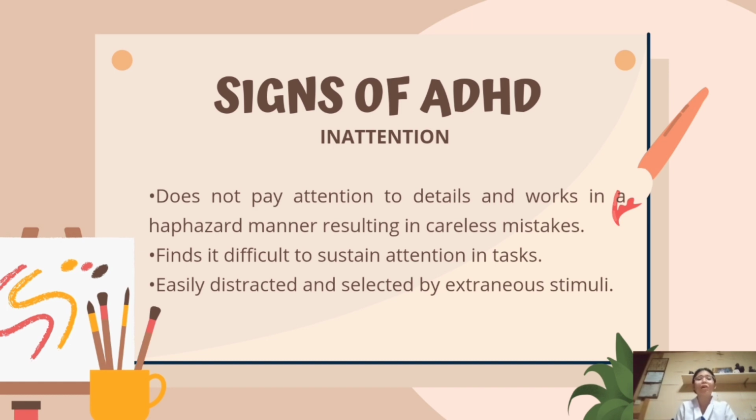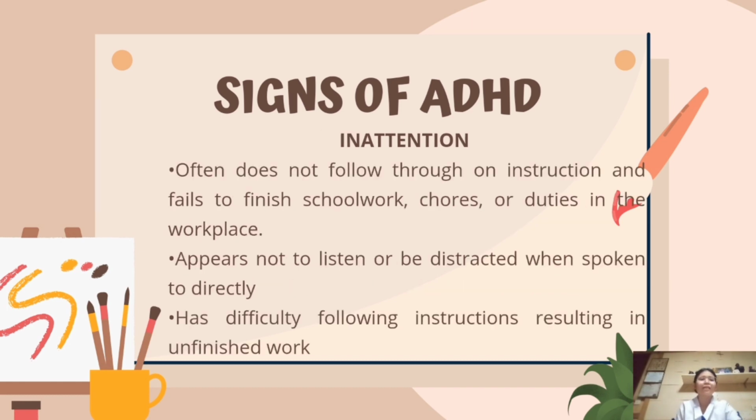That's the reason why he or she is not attentive. Next, often does not follow through on instructions and fails to finish schoolwork, chores, or duties in the workplace. So it is very comprehensible. And next, appears not to listen or be distracted when spoken to directly.